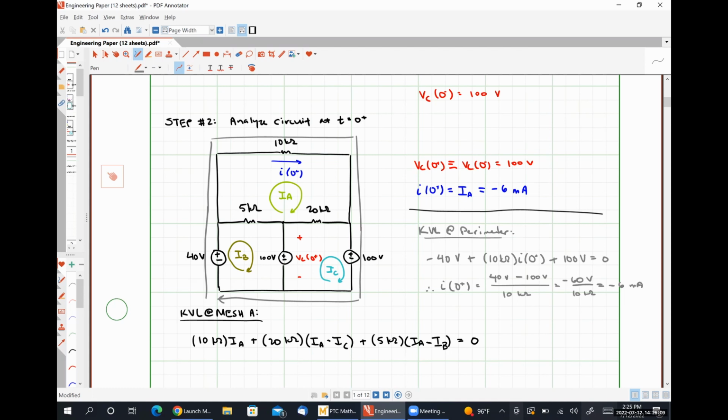So we got the exact same value for I at 0 plus, but we had to do a lot less work.